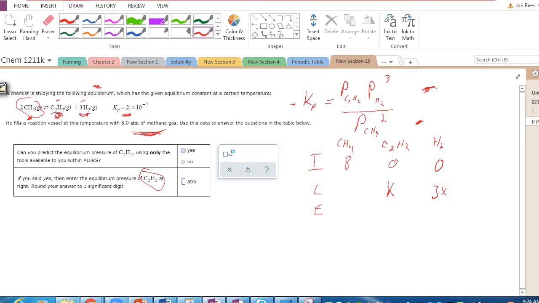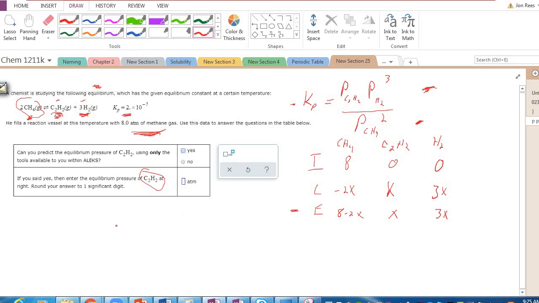I get that from the stoichiometry. The methane goes down 2x. So at equilibrium, I'm going to be 8 minus 2x, x, and 3x.